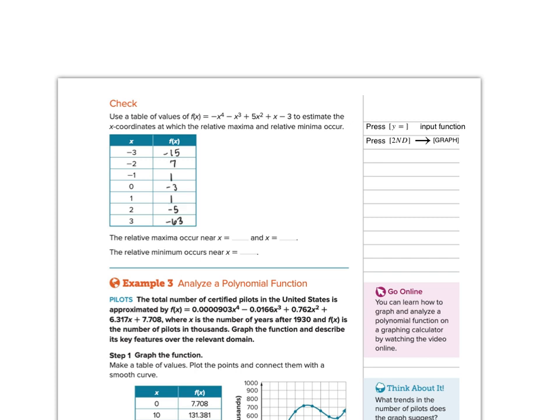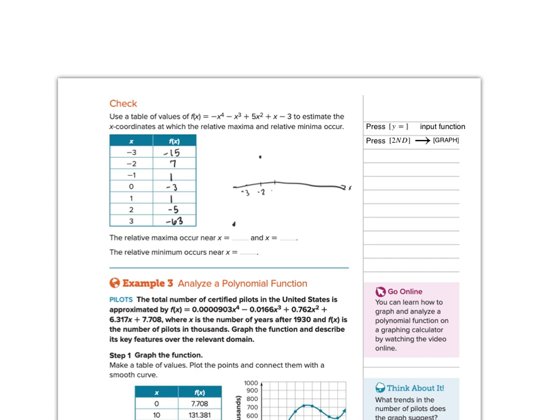Okay, so here, these are the input values I got off the table. Let's just think, along my line here, I'm going to say this is -3 along the x-axis. I went from a -15 to somewhere here is going to be a +7.